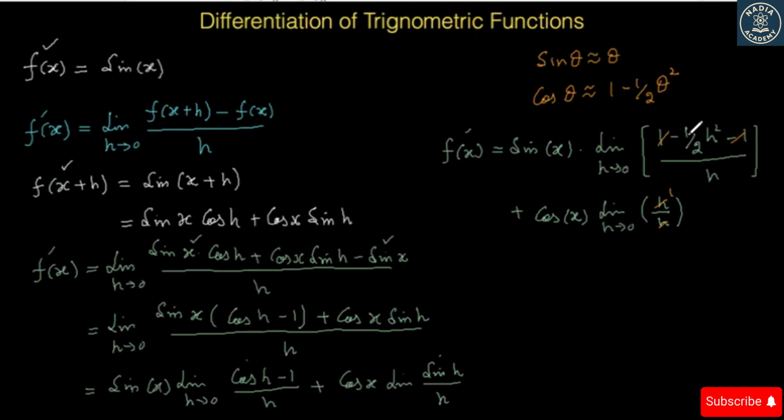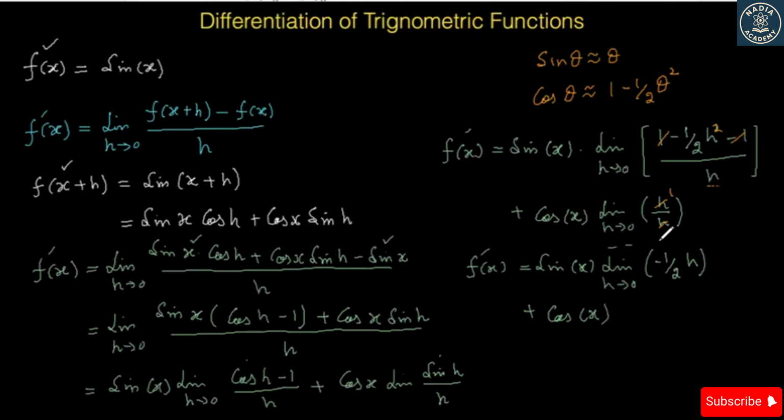So here in our first term, we will be left with minus half of h squared divided by h. Then this h will cancel with one of the powers of h, and we will be left with the following expression: the first order derivative of f of x, which is sin x times the limit h approaches to 0 of negative half h, plus cos x.